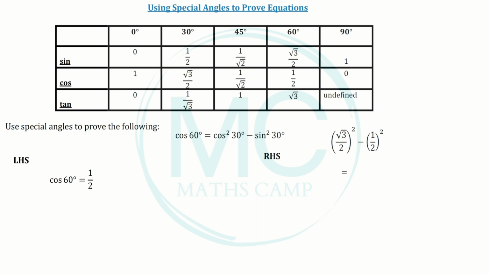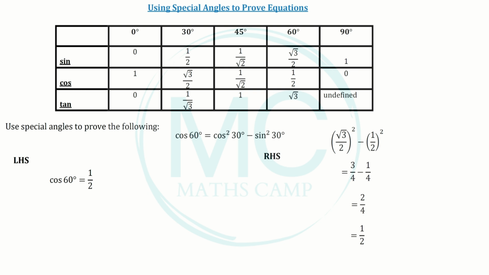Root 3 squared gives us 3 over 2 squared, which is 4, minus 1 squared, which is 1, over 2 squared, which is 4. Now we have 3 over 4 minus 1 over 4, which gives us 2 over 4. Let's simplify this fraction, and we get 1 over 2.